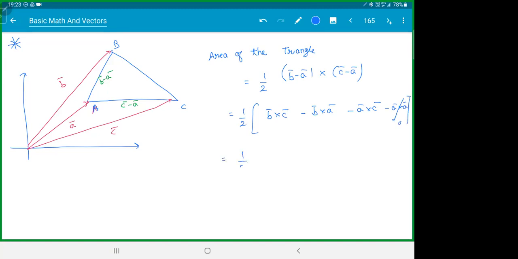I can write it in a more beautiful way: B cross C bar, plus A cross B, because A cross B is minus B cross A, plus C cross A. Check, where A bar, B bar, C bar are the position vectors, whereas for the area of a triangle it should actually be the side vectors. So be careful with that.